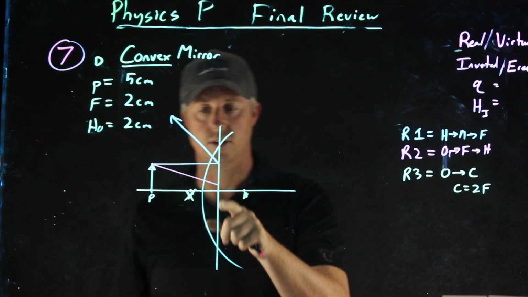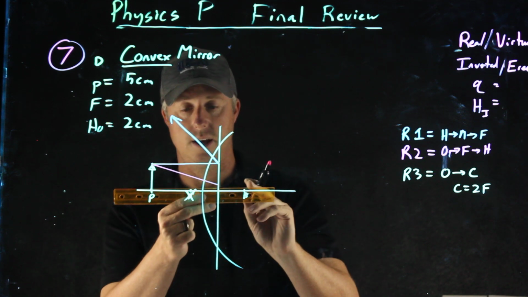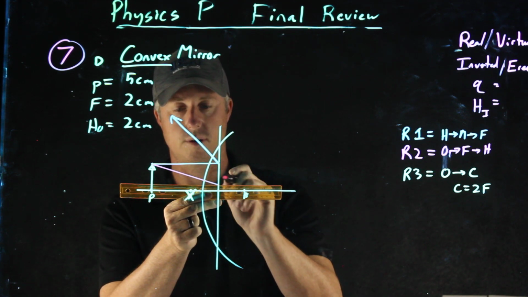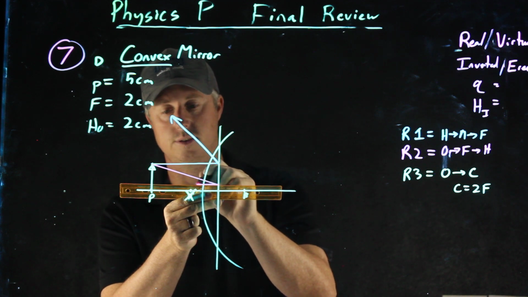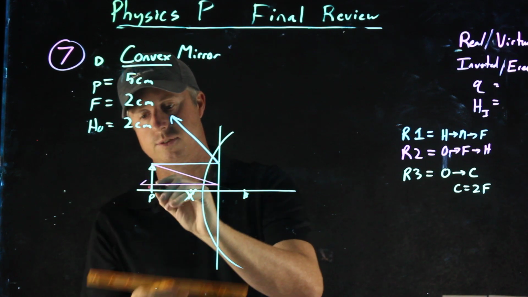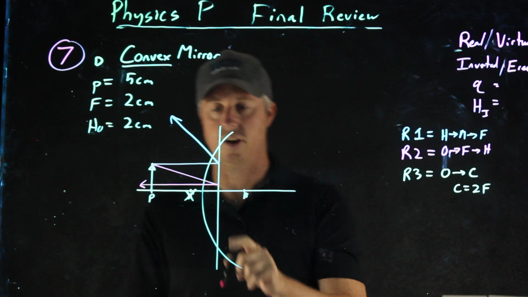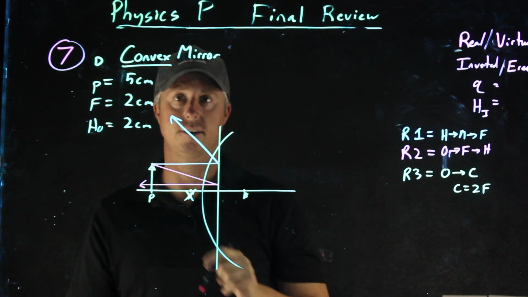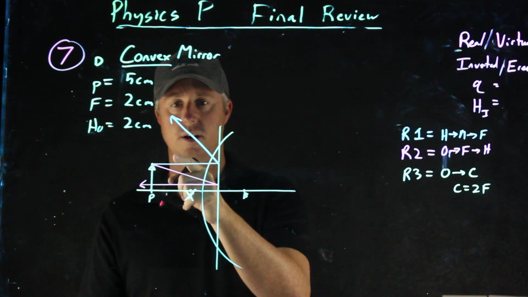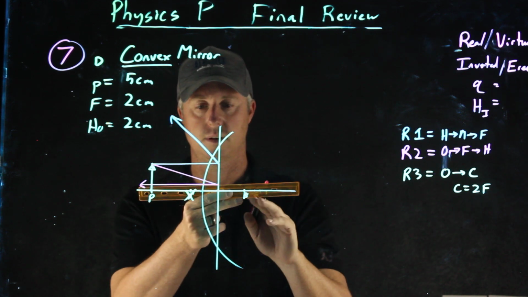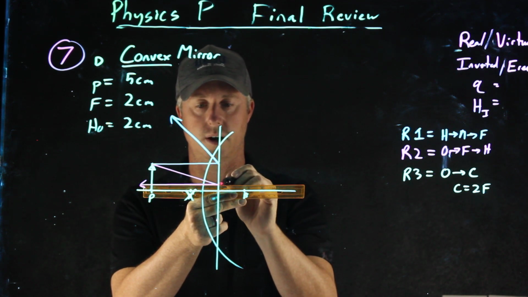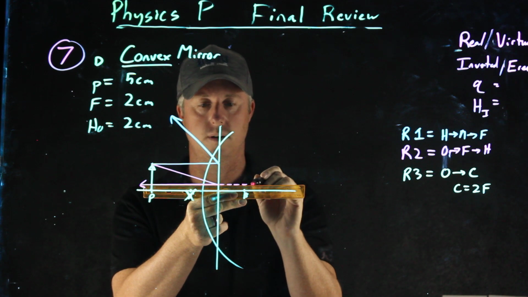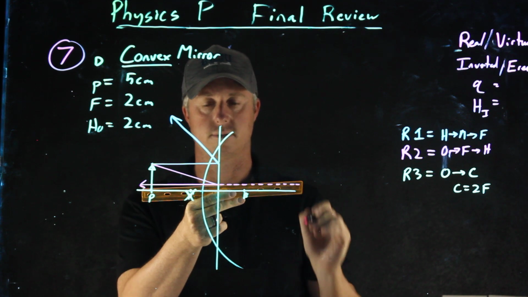As soon as it hits here, it is going to reflect, and it is going to bounce back perpendicular to the mirror, or parallel to the horizontal. Now, this bounce back line and this line will never meet on the left side of my diagram here, or right side to you guys. So I need to put an imaginary line.